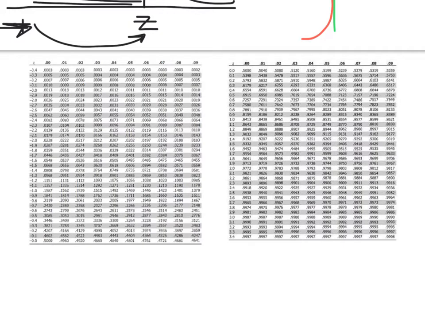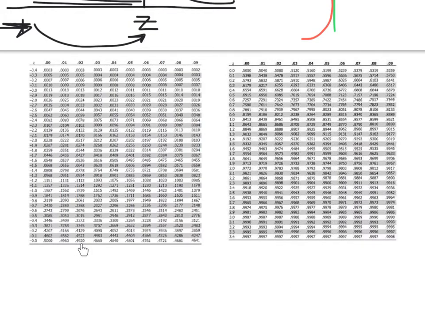The z-table has two parts. The one on the left is from negative 3.4 up to 0, and the one on the right is from 0 up to 3.4. Take note that 0 is acting as the mean. If we consider a number bigger than 0, then this table is the one we have to use.